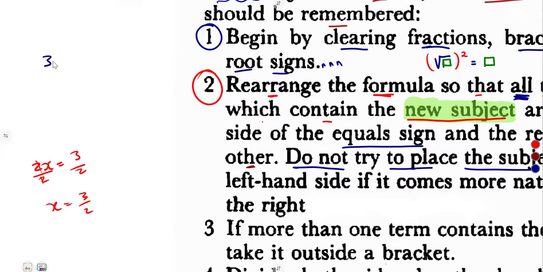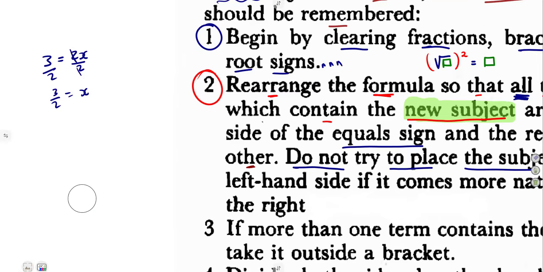When it is 3 is equal to 2x, there's no change between these two. This is just one and the same. So simply divide by 2, it means x is equal to 3 over 2. So this is what they're trying to say. If you've got those terms of x on the right-hand side, work with them on the right-hand side. Do not worry about taking them to the left-hand side. Just work as it is.